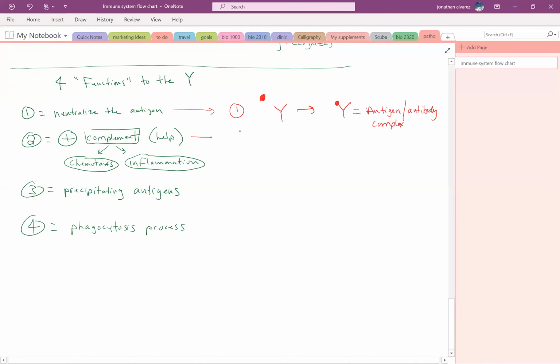The second thing is, now that we have the binding, this activates the complement, and it's going to bring in white blood cells to the area.